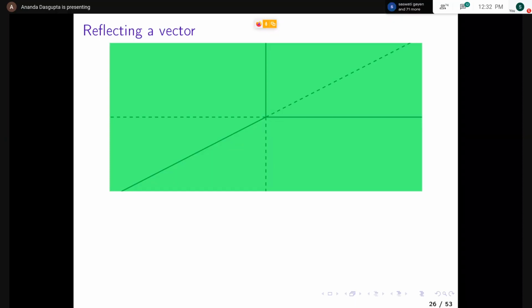So I will ask you to imagine that this green thing is a mirror and somebody is walking in front of it. If this person, let's say me, is walking from left to right like this, parallel to the mirror, the image will also walk in the same direction, right? Parallel to the mirror.